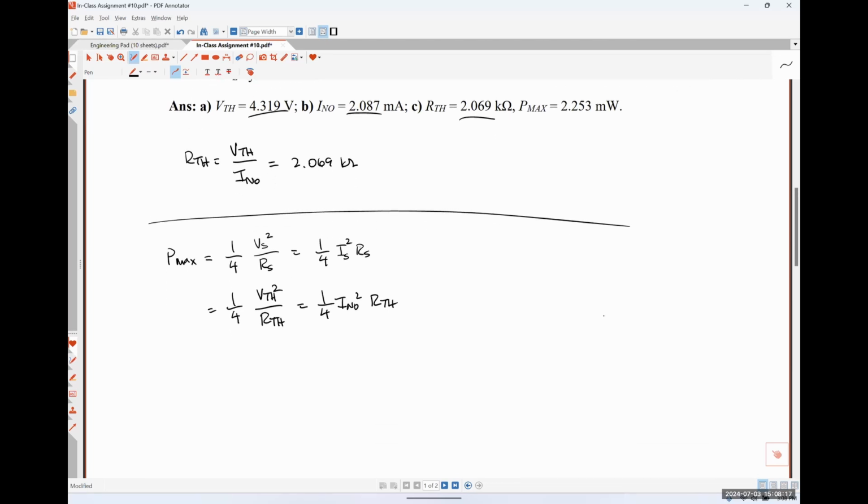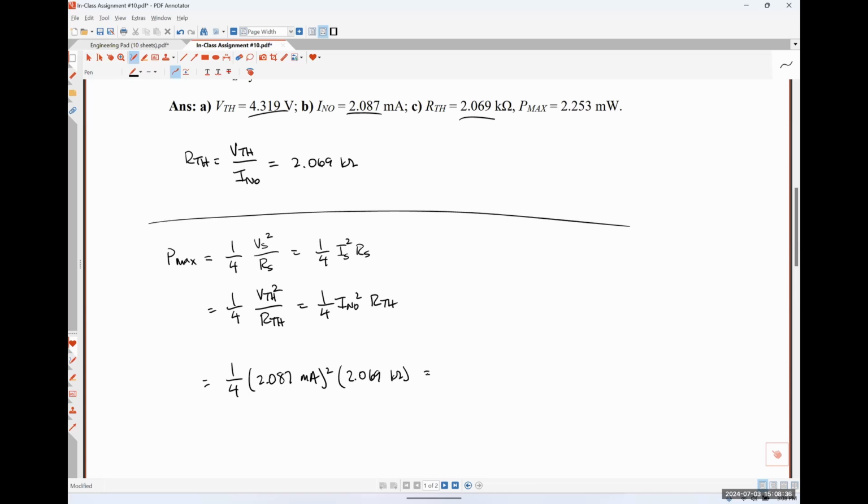So if we substituted in those numbers, that would look like 1/4 times, let's do this, 2.087 milliamps squared times 2.069 kiloohms.